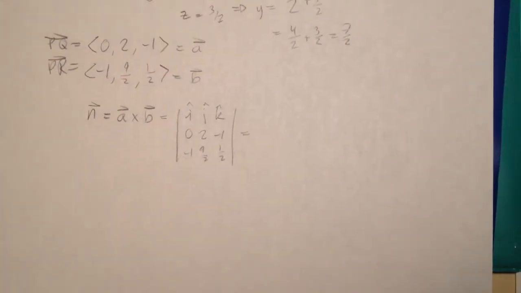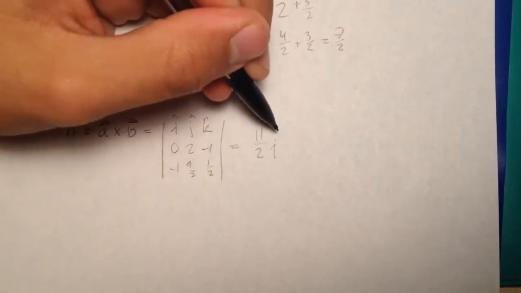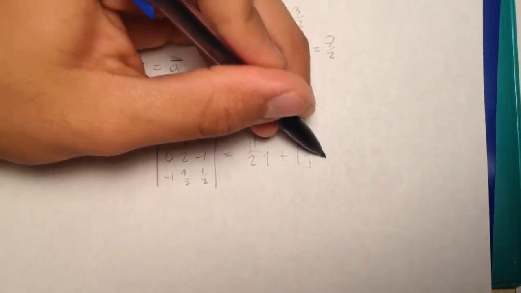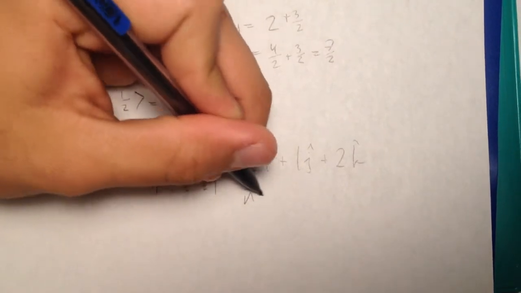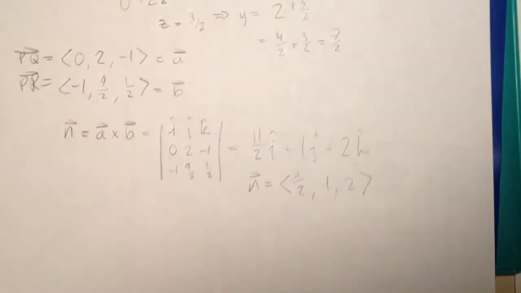Right, and so if you do the full cross product, then you will get 11 over 2 i plus 1j plus 2k. In other words, the normal vector is (11 over 2, 1, 2).